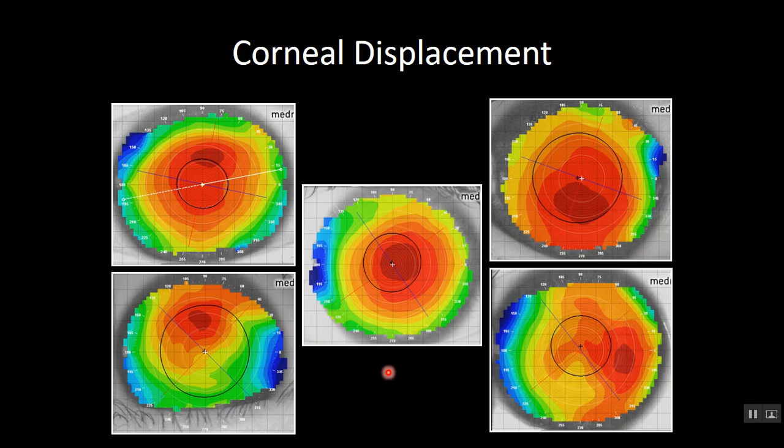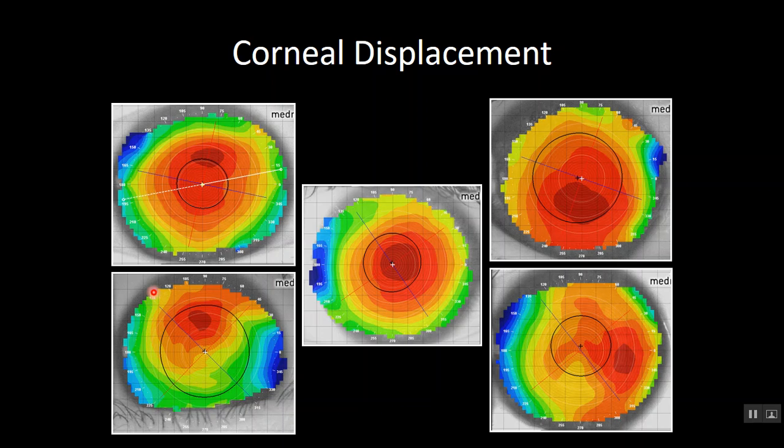Which one of these eyes should have a well-centered lens thanks to the shape of that peripheral cornea? We might argue that this is the most symmetric. That green-yellow border appears to be symmetric or equally distant from the center of the cornea.